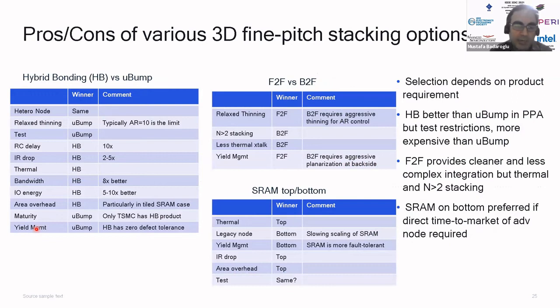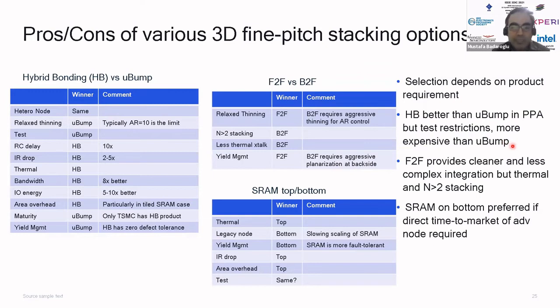So here is quite a busy slide, but the essence of it is that there is one side, a maturity, test, yield and performance side, and the second thing is the PPA. So the second aspect is how to handle the overhead, like what type of infrastructure I need to have to be able to enable the full application. But in principle, these are the high-level observations. So hybrid bonding PPA-wise is better than microbump, but there are significant test restrictions and it is more expensive than microbump.